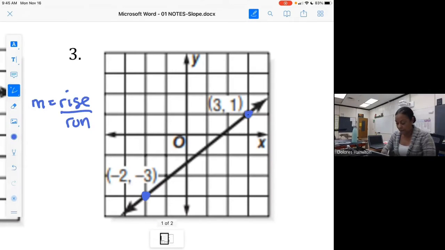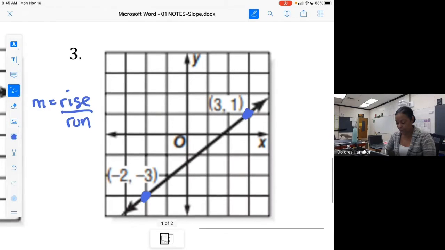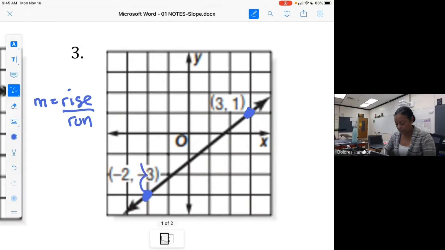So if I'm asked for the rise to get from this y value to this y value, it looks like we would have to go up 1, 2, 3, 4. So we would have to rise 4 units to get from this y value to the next. That's my rise.